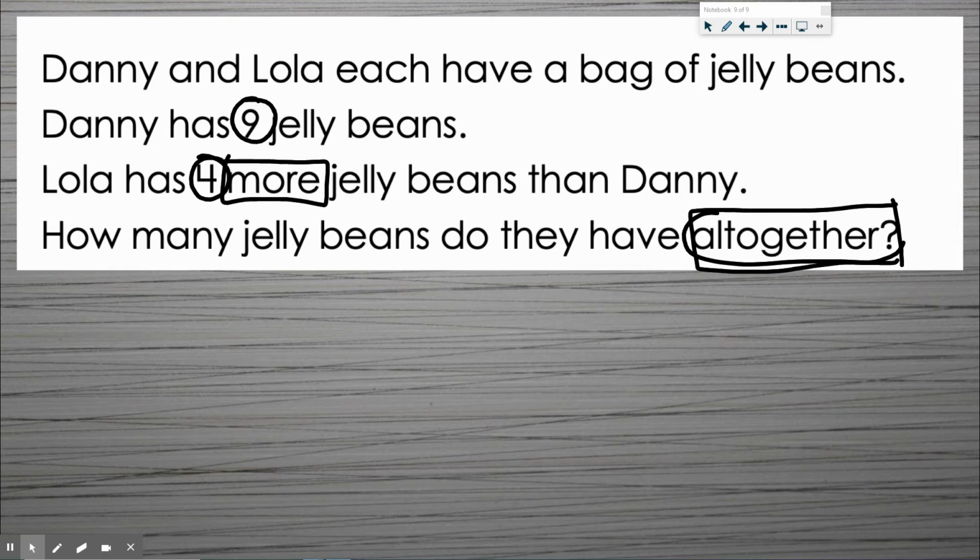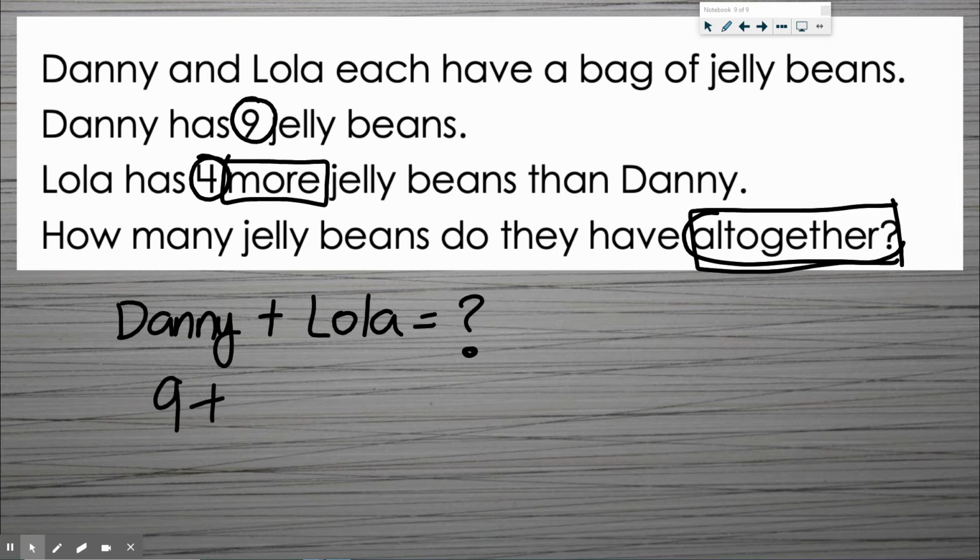So thinking about the words, I want to know Danny's jelly beans plus Lola's jelly beans equals, we don't know yet. We want to know how many. So that's giving me an idea how to set it up. I know Danny has 9. Lola has 4 more than Danny.